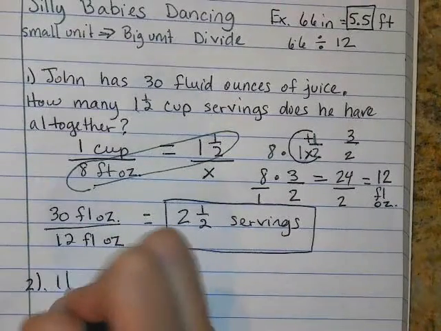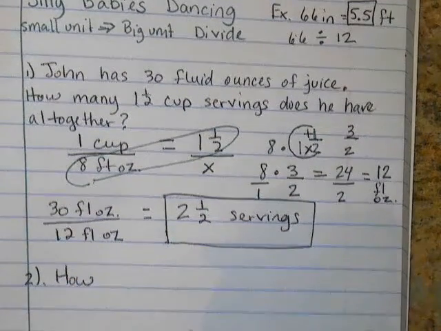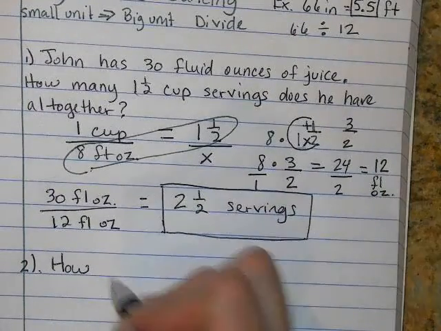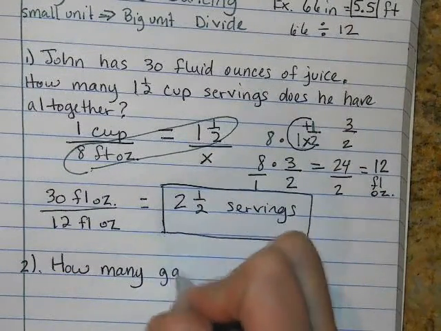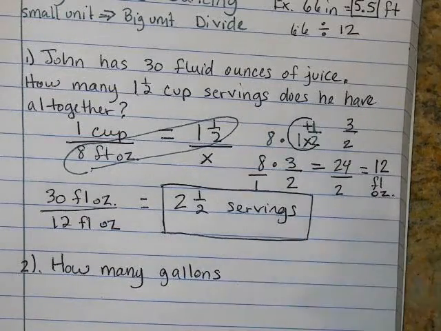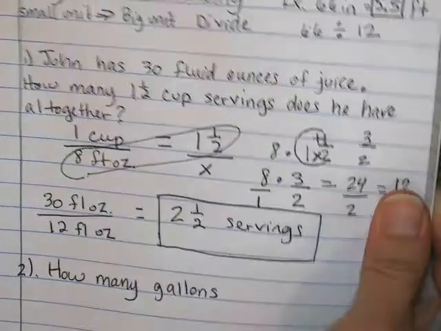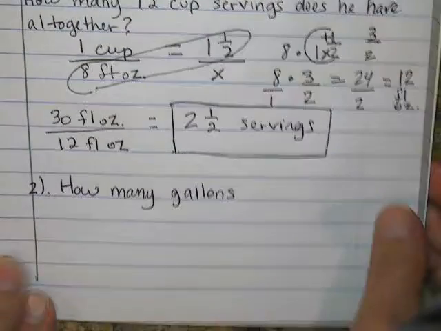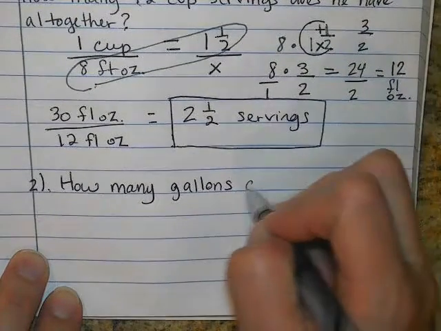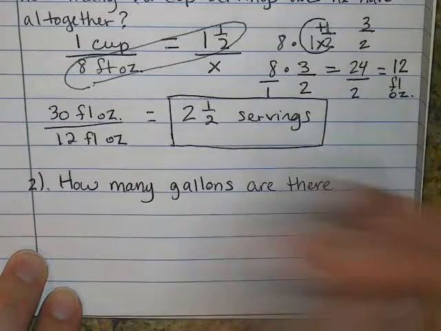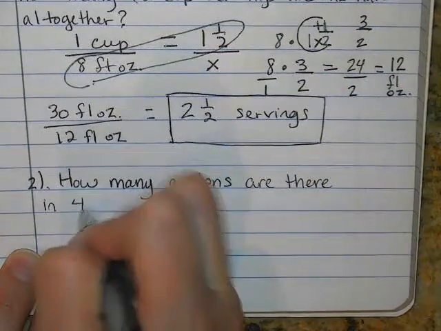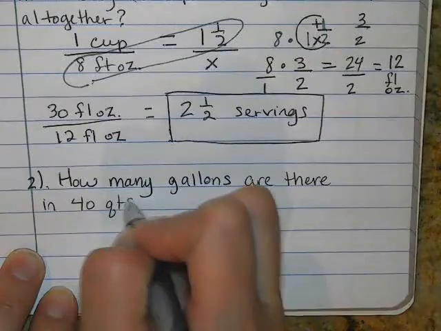Okay, let's take a look at another one, and then we'll do some practice problems. How many gallons, let me push this up a little bit, how many gallons are there in 40 quarts?